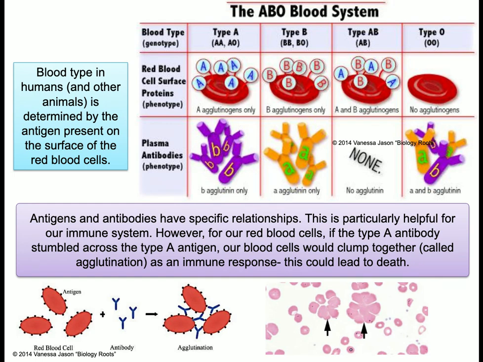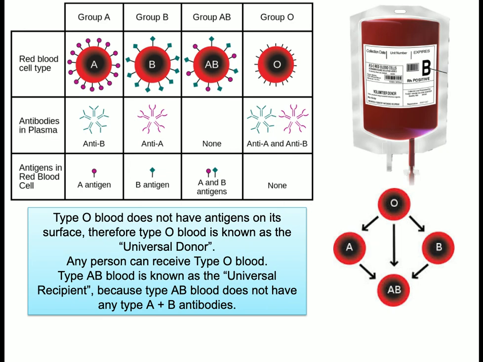And if you're type O, you're the universal donor. You can give blood to anybody because you don't have the antigens. And the antigens are what make it so that the blood can't mix.